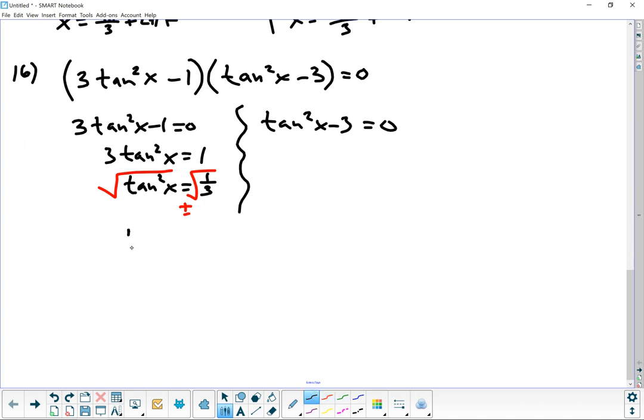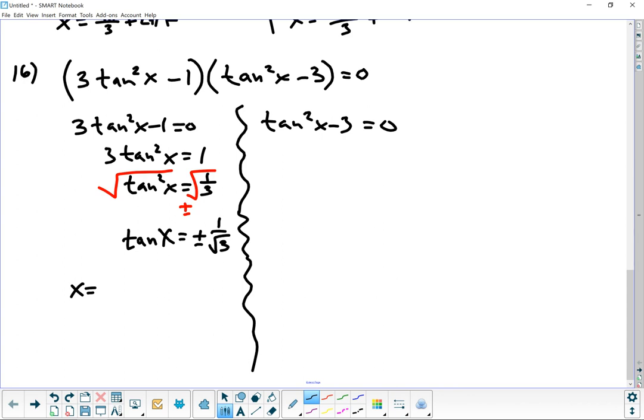So you finally get tangent x equals positive, negative. Square root of 1 is just 1, so I'm not going to write square root. Square root of 3 is radical 3. Okay. So for tangent, I'm actually looking for 1 over the radical 3, radical 3 on the bottom, and positive or negative.